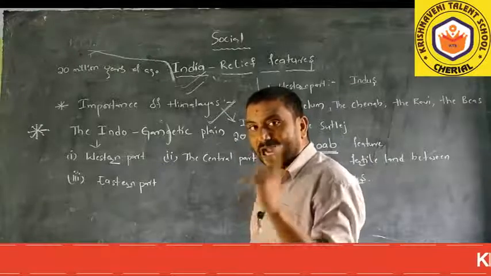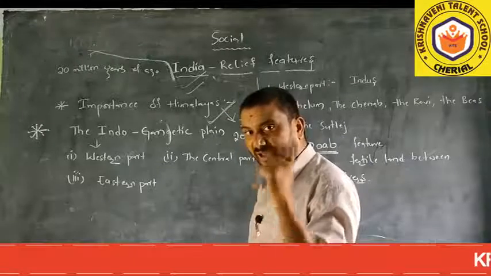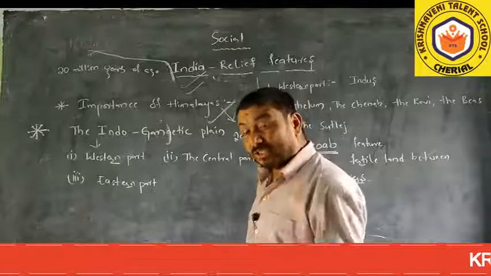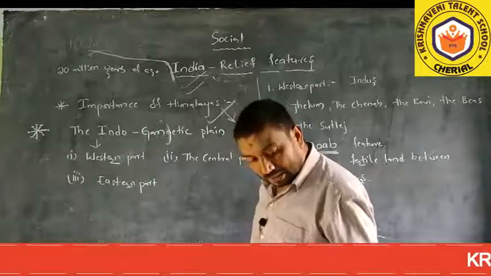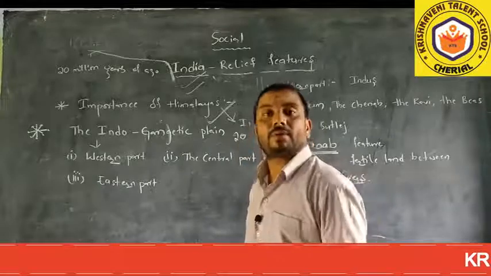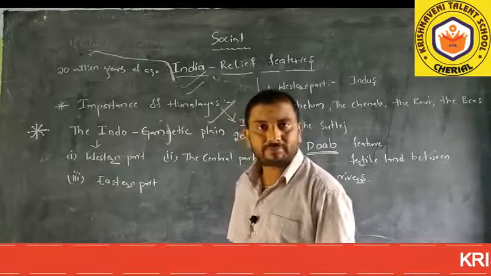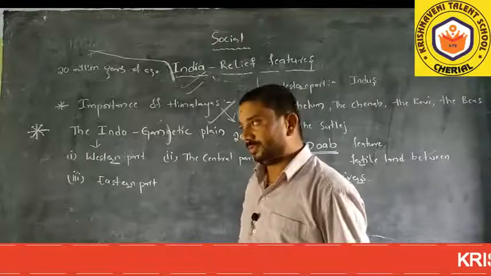The Indo-Gangetic plains were formed by three rivers and their tributary rivers. What are the three rivers? Ganga, Indus, Brahmaputra. Right?